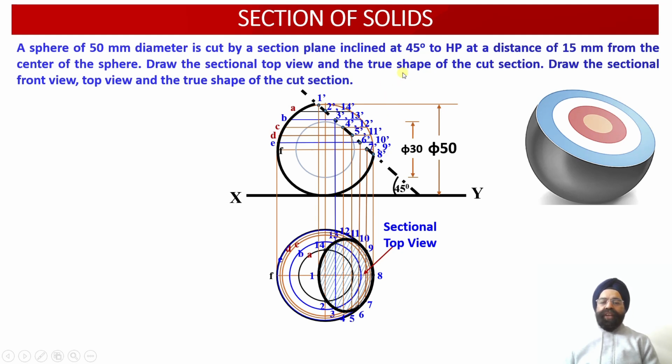Now we are required to obtain the true shape projections corresponding to this cut section over here. And we already know that whenever a sphere is cut by a cutting plane inclined in any orientation whatsoever, the cut section obtained will be circular in nature.